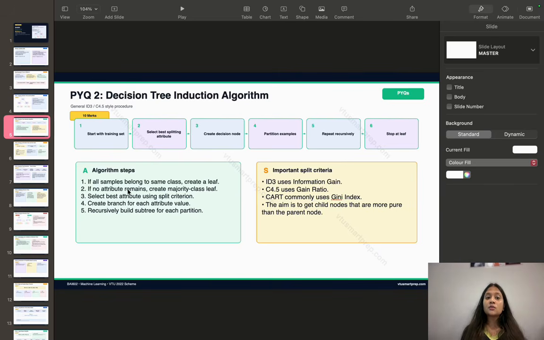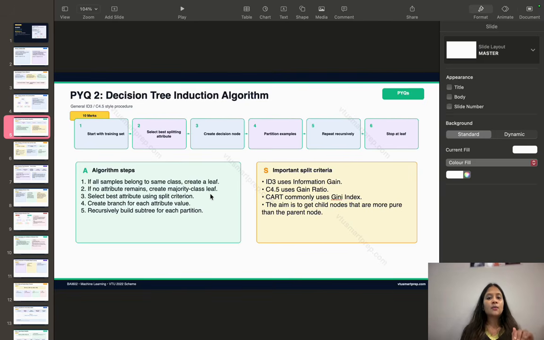If not, it checks the attributes, and wherever there is the highest majority, it creates the majority class leaf.